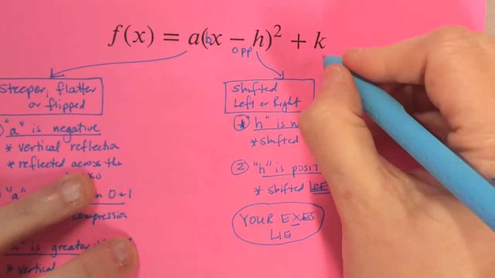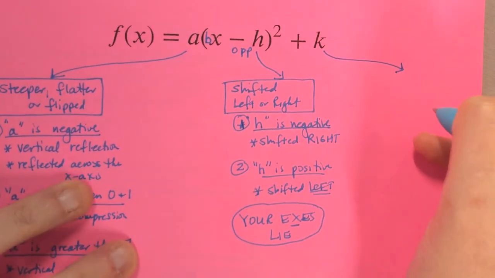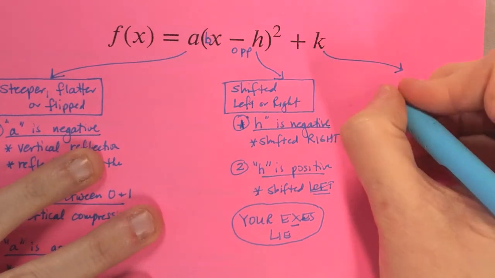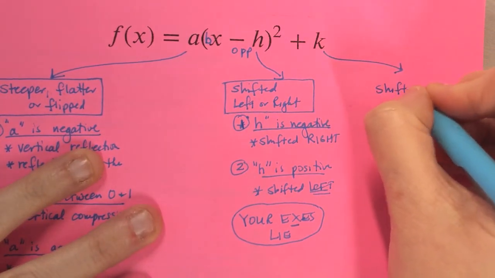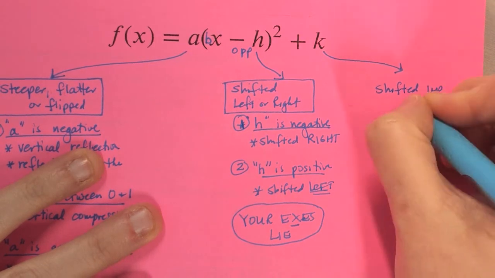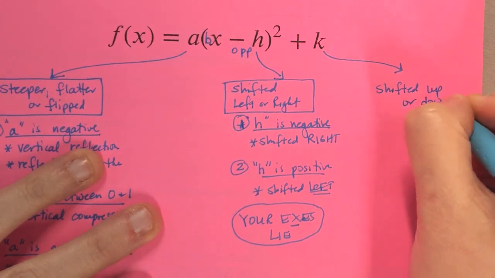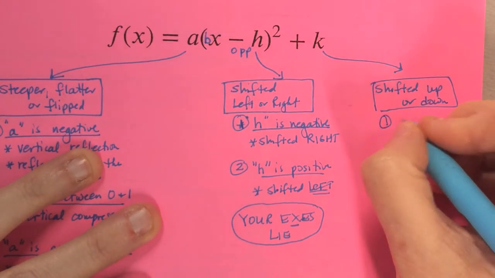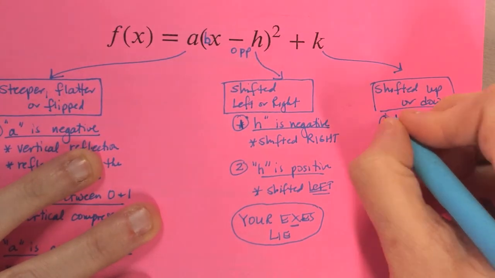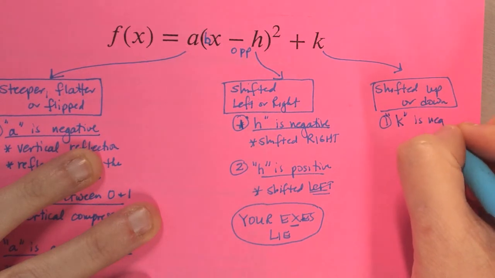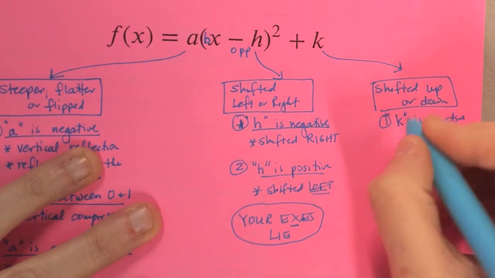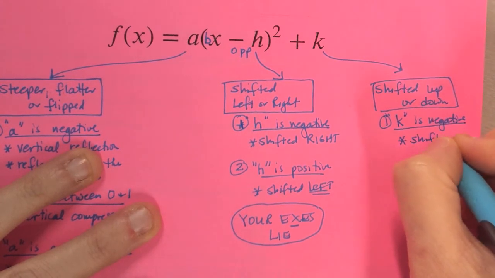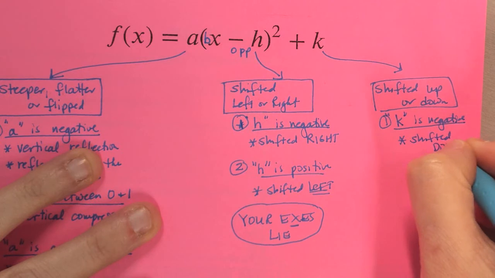Okay? Then the last transformation we might see is this one right here with K. Okay? So if you see a number there for K, it is shifted up or down. Okay, so we could see two things there. If K is negative, then you are shifted down.